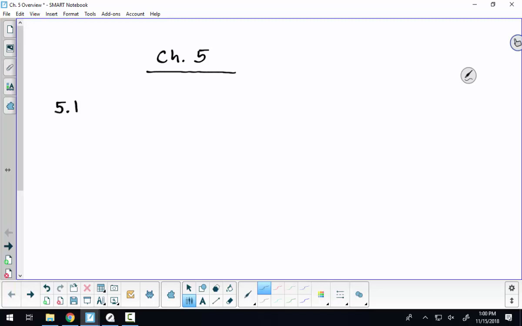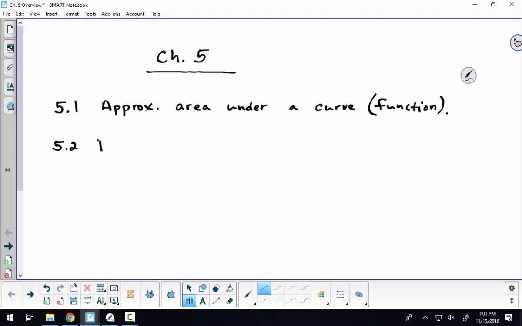In 5.1, we're going to look at approximating areas under a curve or a function. In 5.2, we'll look at the definite integral.